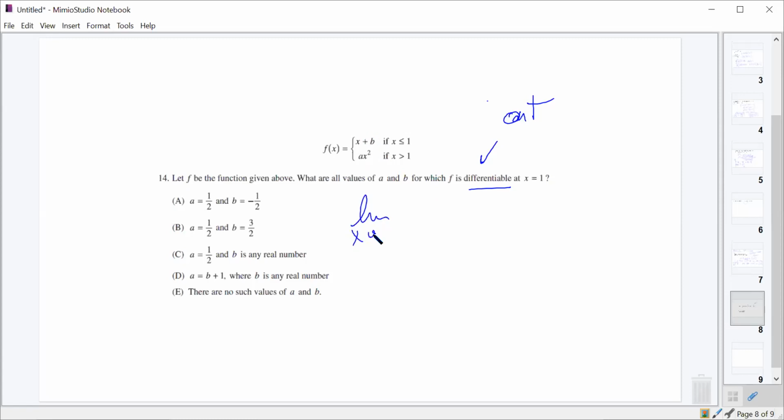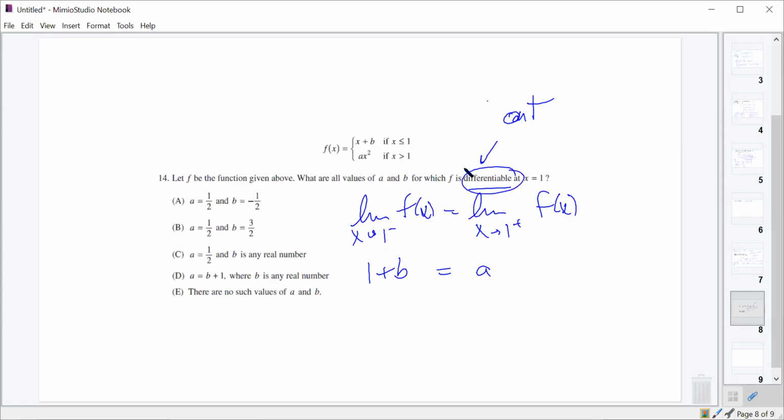So the limit as x approaches 1 from the left of f of x needs to equal the limit as x approaches 1 from the right of f of x. The limit from the left is 1 plus b, and the limit from the right is 1 times a, so a.